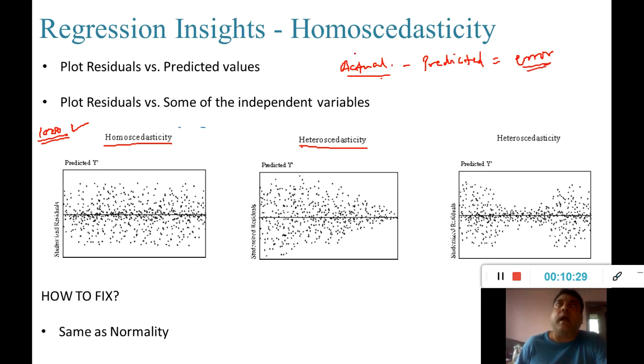Suppose I have an actual value from the historical data that the salary of a person is 10,000, but my model has predicted something like 8,500, which means my model has predicted the wrong value for the salary, and the difference between them is going to be my error, which is 1,500 rupees or dollars in that particular observation, right? So if I have 1000 observations with actual figures, I'm also going to have 1000 predicted values, and the difference between them will be 1000 errors.